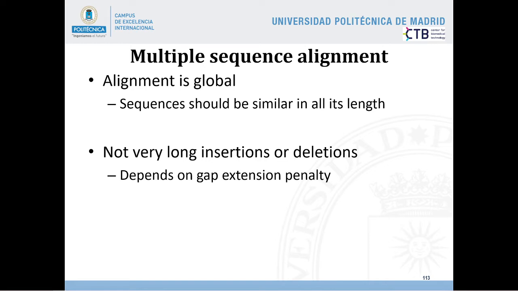But we will have problems when we want to align the whole sequence, the most different regions. This is the same as we saw in the simple sequence alignment, but remember that the multiple alignment algorithms are not guaranteeing us that the solution that we are going to obtain is the best one.